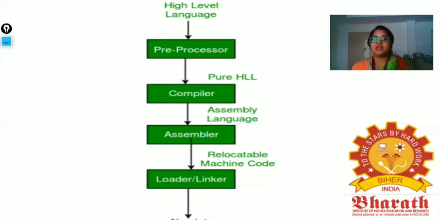The assembler gives an output as a relocatable machine code. With the help of these machine codes, you are able to relocate the code, and then the linker will get the relocatable code and place its position in the memory, and the loader will help place it into the memory. At the end, we get the absolute code.